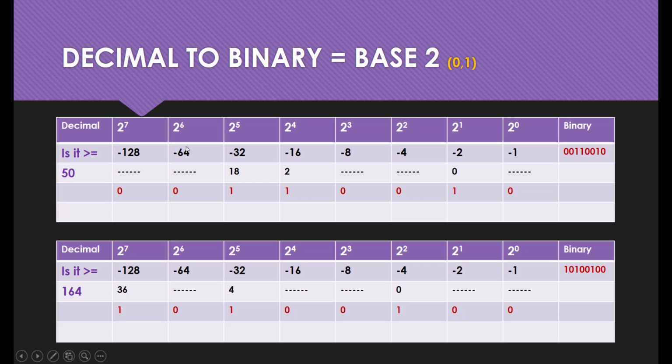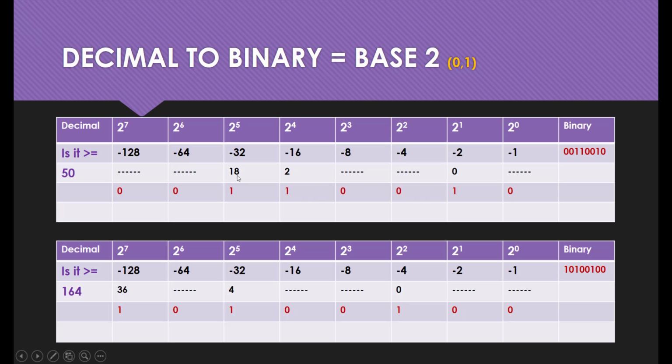So that's the new additional rule you must consider: if you're going to carry out the operation, you must be certain that the argument is greater than 32 in this case, and is less than the previous column, which is 64. So what we have as a remainder is 18, and we had 1 here because 50 is greater than 32, and that's why we carried out the operation that gave us the remainder 18.